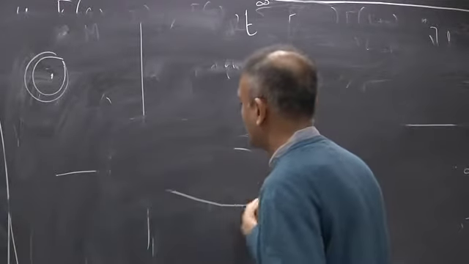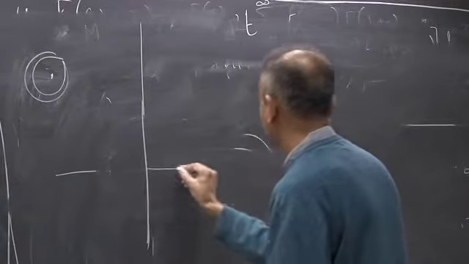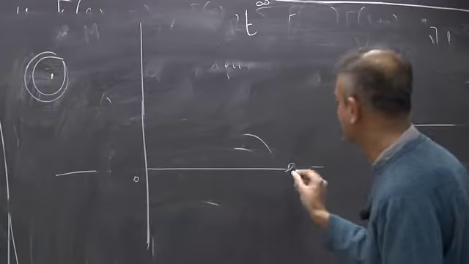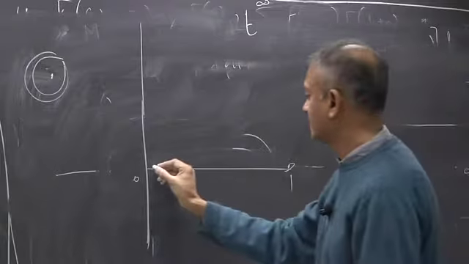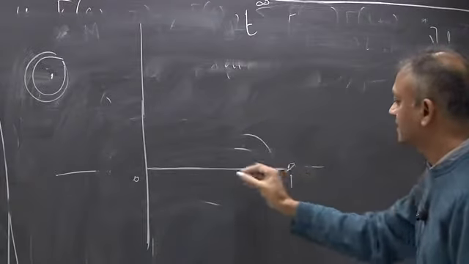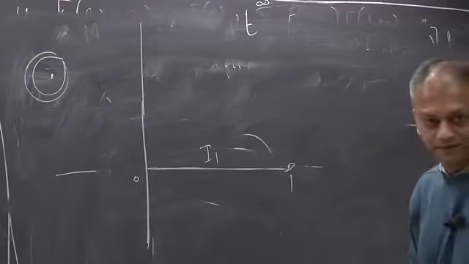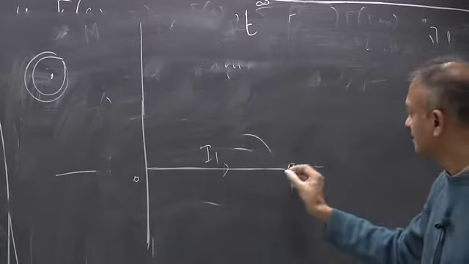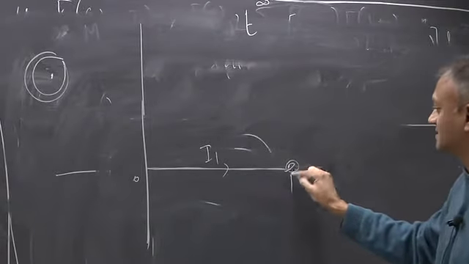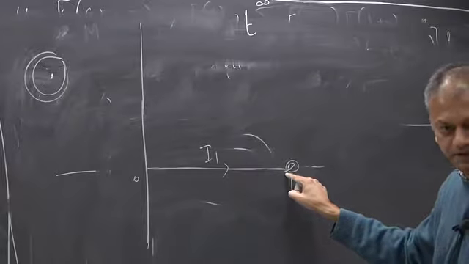So let's try to draw this. Here is my 0 and 1. First I go around like this, and I call this integral I1. Then I go clockwise around t equal to 1.